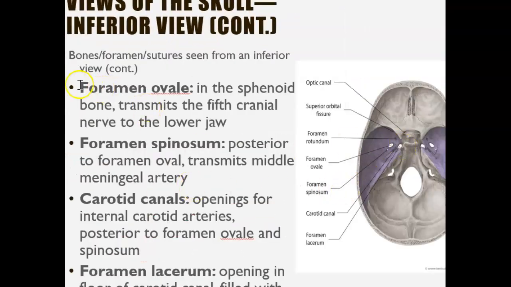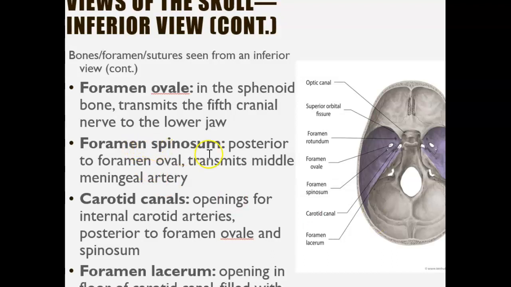Now there are some more foramens to look at. There's the foramen ovale, though some people pronounce it differently, there are so many different ways. I'm going to call it foramen ovale, and that's right here. Again, you can see that there are blood vessels and nerves that get threaded through these holes, through the foramens.